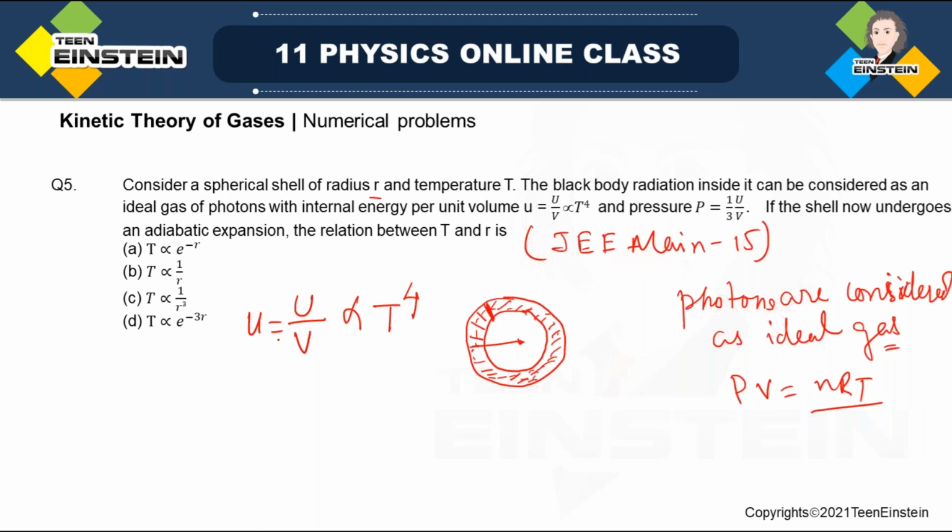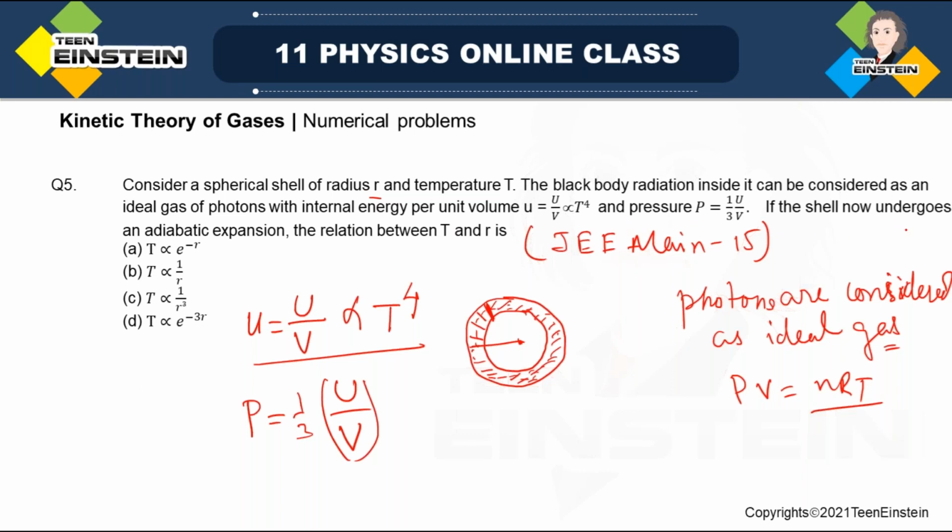So the internal energy density varies as T to the power 4. This is one parameter which we have got. Another parameter is the pressure the photons exert on the wall of the spherical cell, which is given as 1/3 U by V. So these are the two pieces of information given.